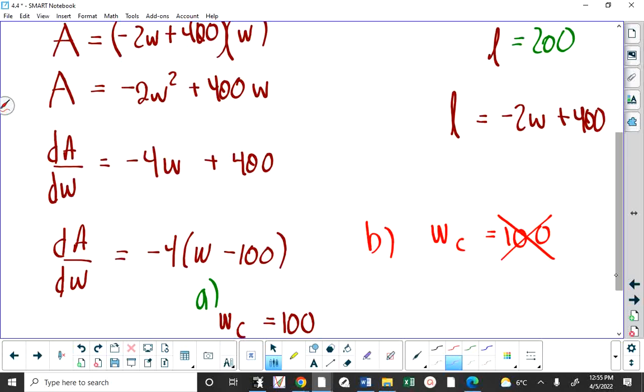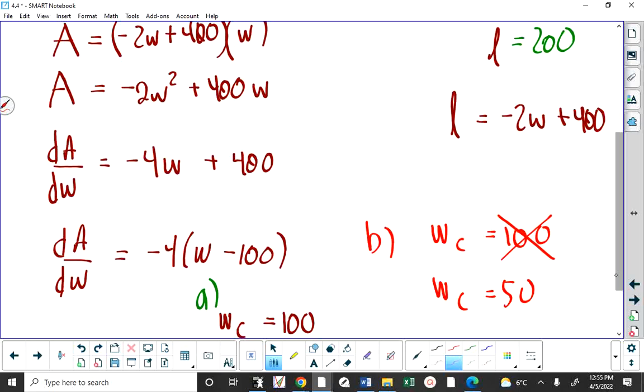We don't necessarily need to think of this as a function in terms of W being an X coordinate, but that's what it is. So we have another critical value of X of 50. And we're left with one critical value.